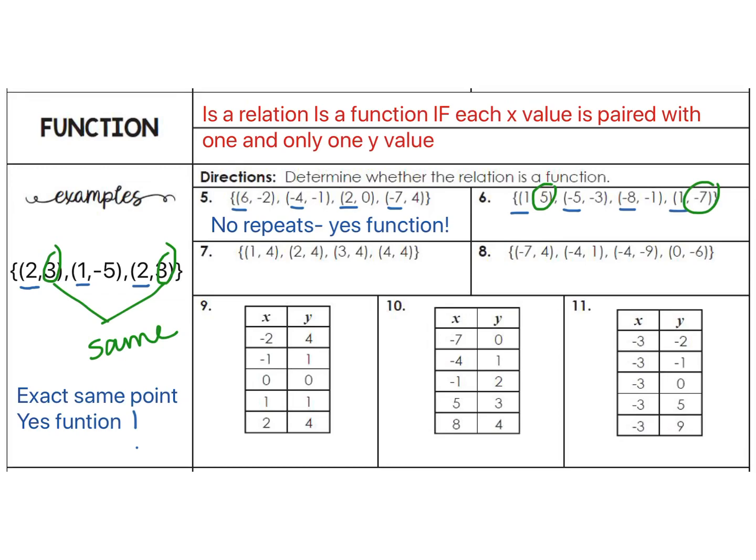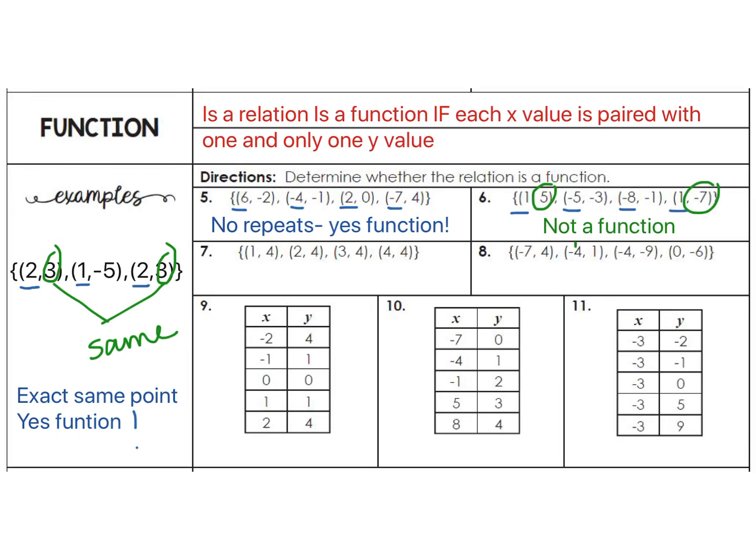All right, so we have done an example of yes, a function, because there's no repeats. We did an example of yes, it's a function, even when the x value does repeat, because also the y value repeats. And then we looked at number 6, where the x value repeated, but the y values did not match in those repeats, so it's not a function.